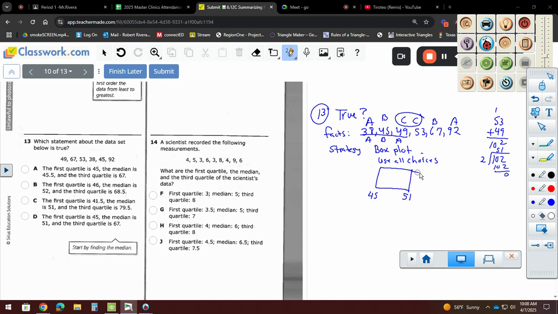How do I get the upper half? Maritza, go to the upper half on the board over there, and tell me who the upper quartile would be. Good job.